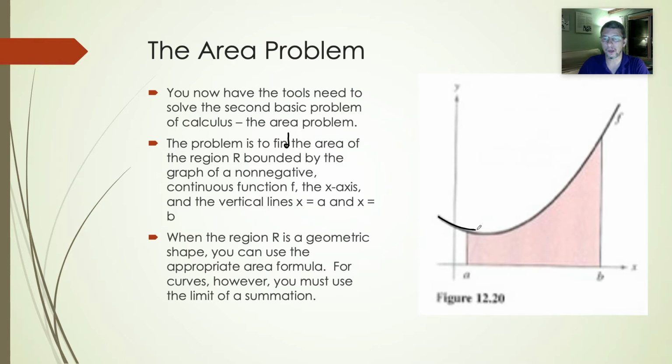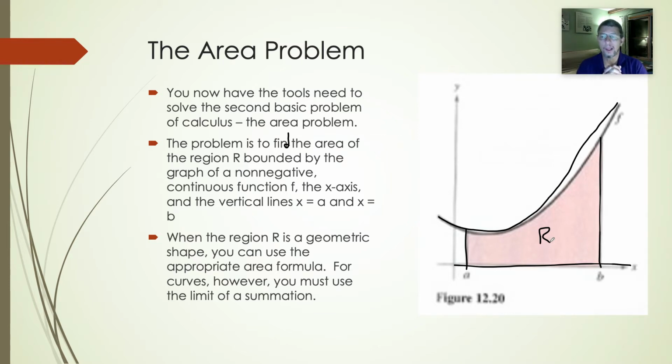So here's a non-negative continuous function f, the x-axis, and then the vertical lines x equals a and x equals b. Essentially, I'm looking for the area that's bordered by these four lines and curves.